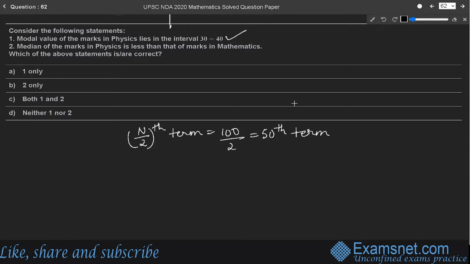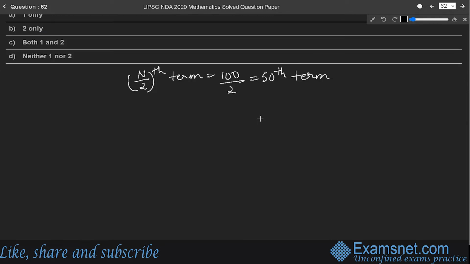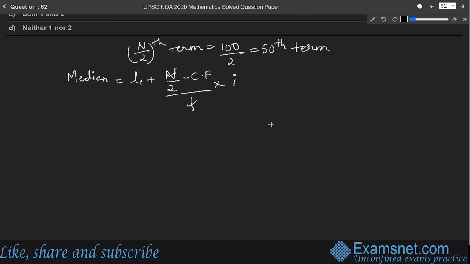And also there is a formula for median, which is median is equal to L1 plus (n by 2 minus CF) upon F into I. So by using this formula, we have to find the median for physics and median for mathematics.